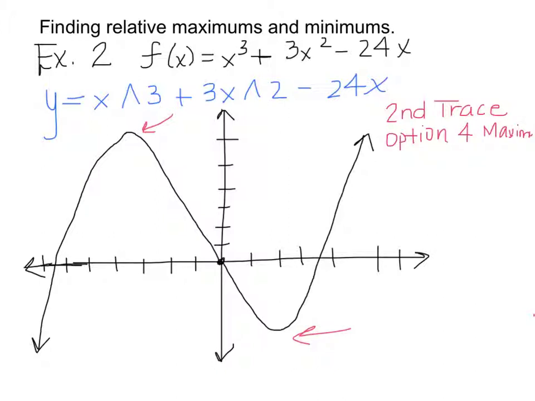And then you'll do like we did in the previous section. You're going to move your cursor to the left and hit enter, right bound and hit enter, and then guess. So let's do that now.